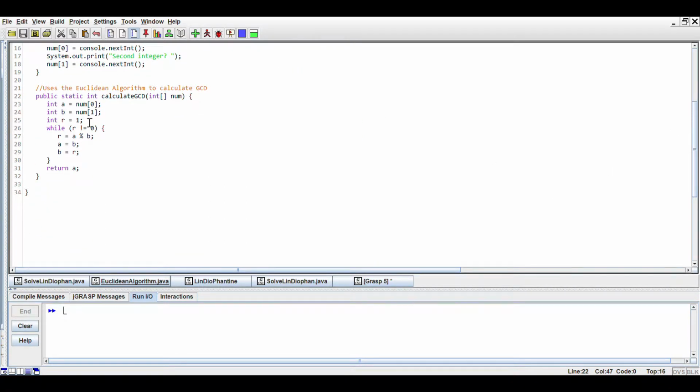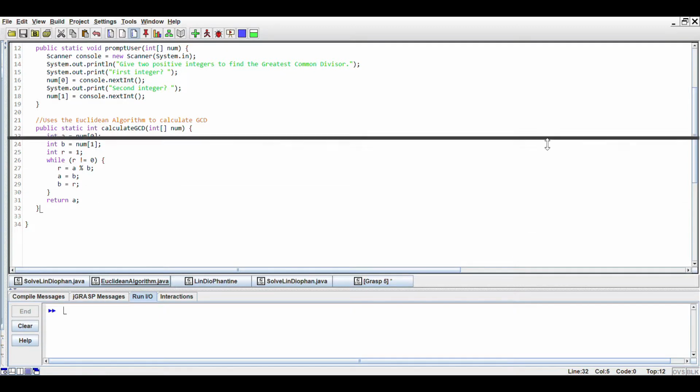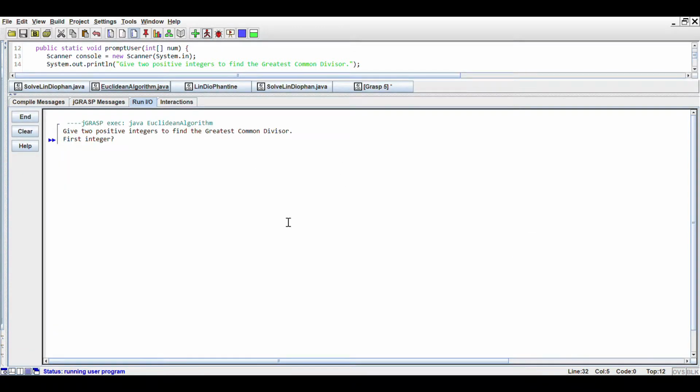This method just uses a while loop and has variables a, b, and r. It sets r equal to a mod b and then updates a and b to be b and r. And so it continues doing this until it gets an r that's equal to 0, so until b completely divides a. And this is similar to the crux of the Euclidean algorithm, that chain reaction.